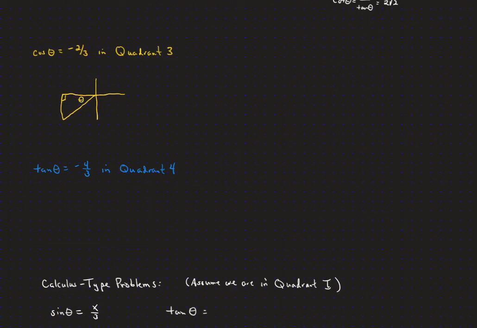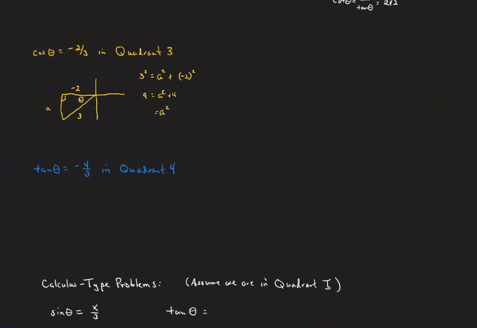The cosine is the adjacent over the hypotenuse. And the hypotenuse is always positive, so then we know that the adjacent must be -2. If I call this a for a moment, we can use the Pythagorean theorem and say 3 squared is a squared plus -2 squared. So 9 is a squared plus 4.